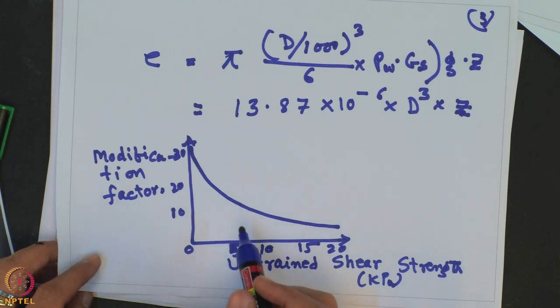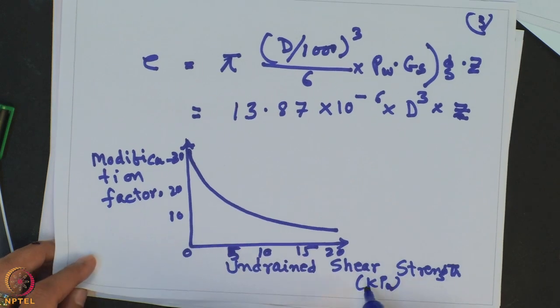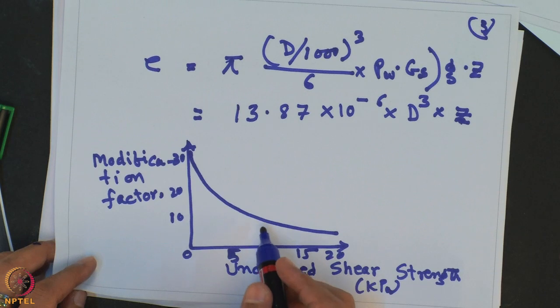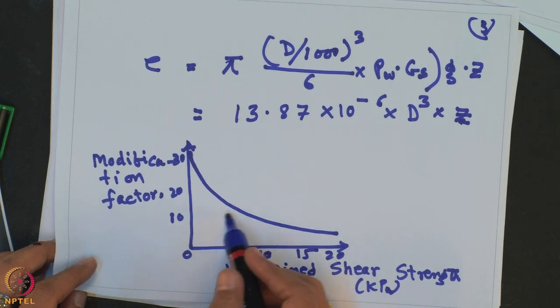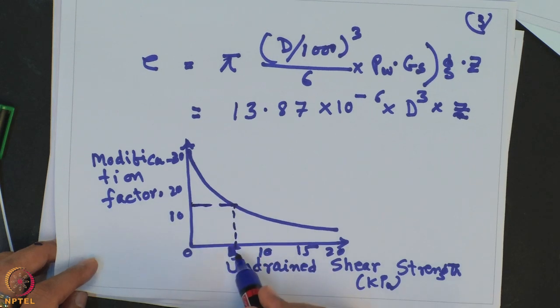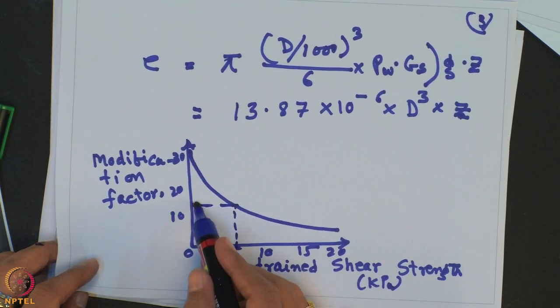So, this modification factor for a particular unsoaked shear strength of the soil, let us say 13 is the modification factor for a particular unsoaked shear strength value.